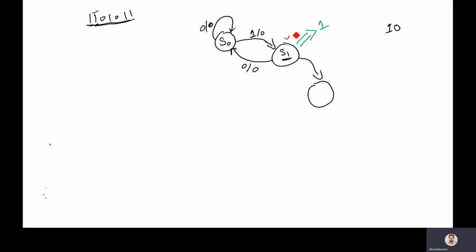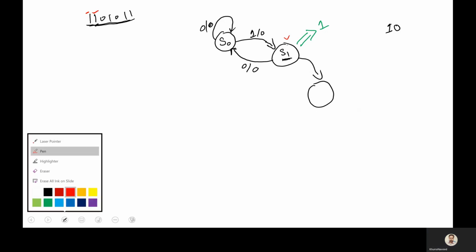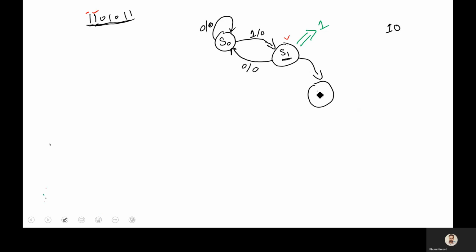Previously for S1 we detected the first one. So once we detect this second one, we move to the next state, that is S2. We have assigned the symbol S2 to the third state, so this particular state now represents that we have detected two ones.